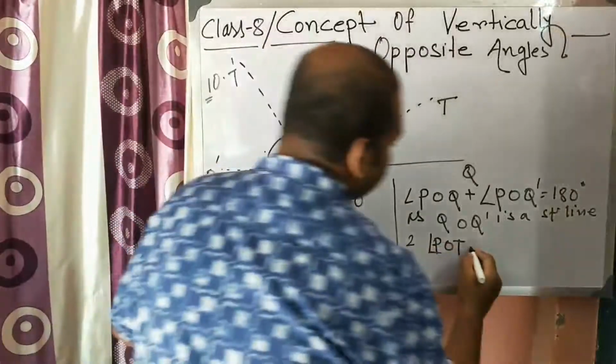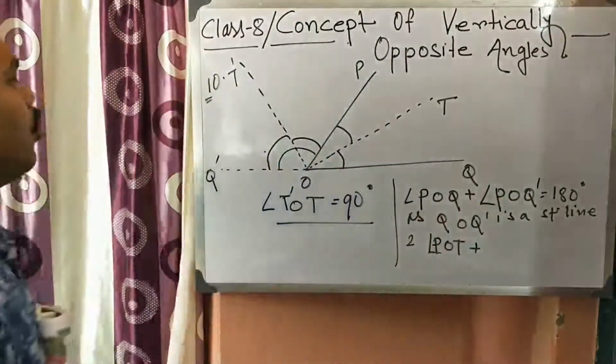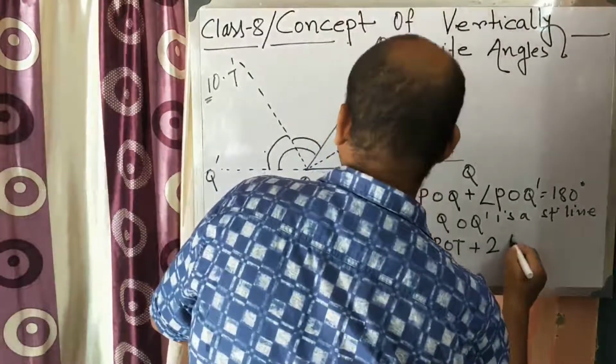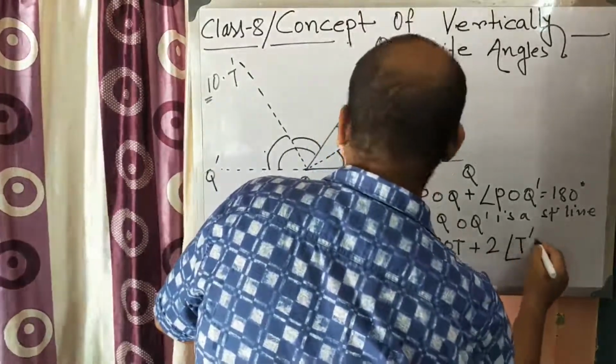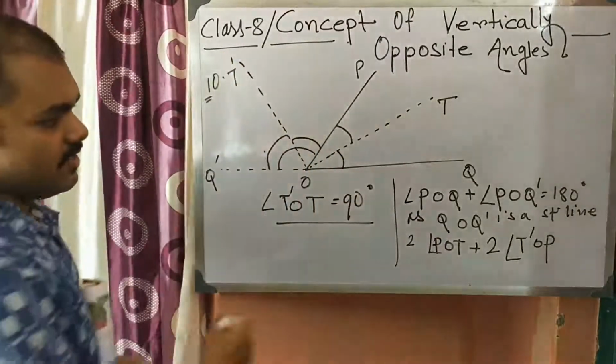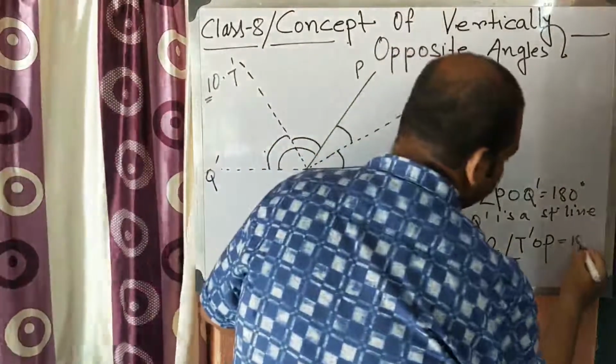And instead of POQ prime we can write 2 of angle T prime OP, because OT prime is the bisector. So this is equal to 180 degrees.